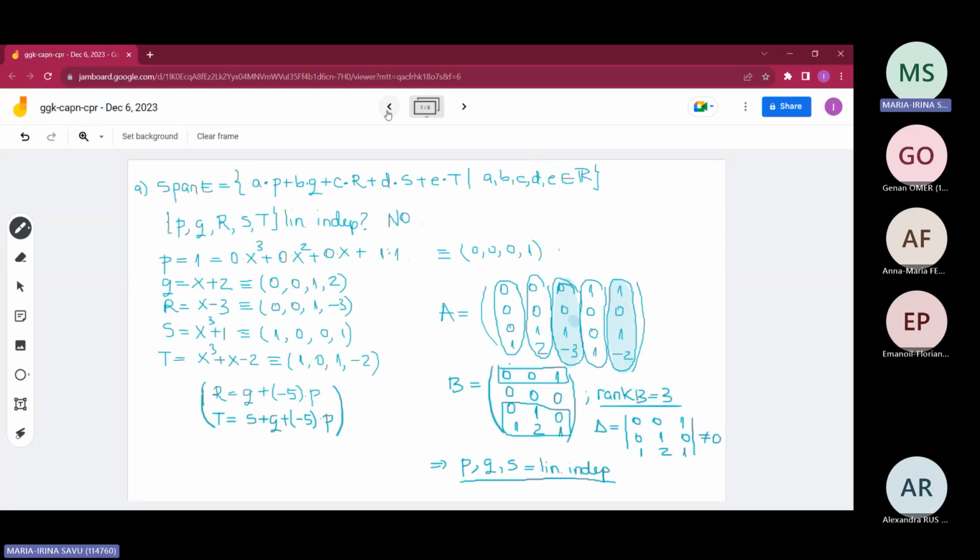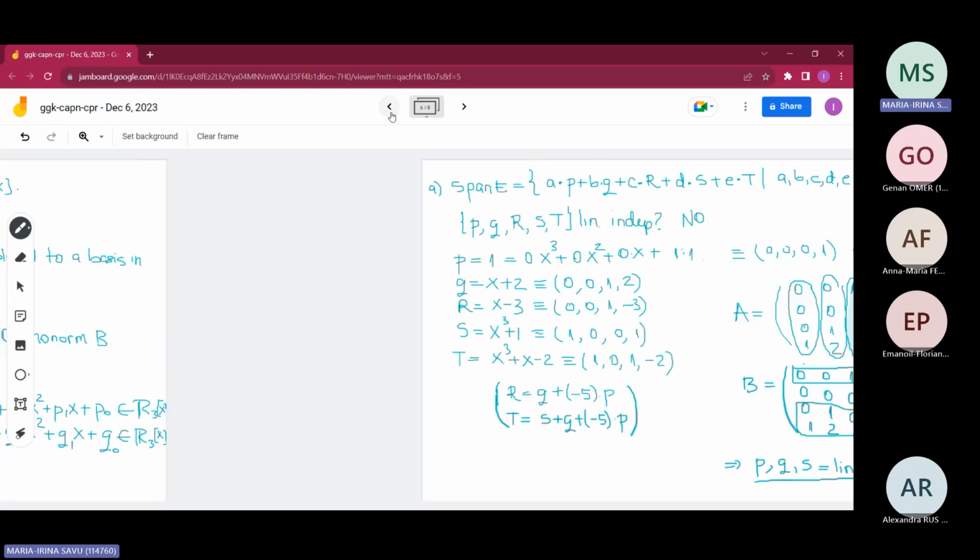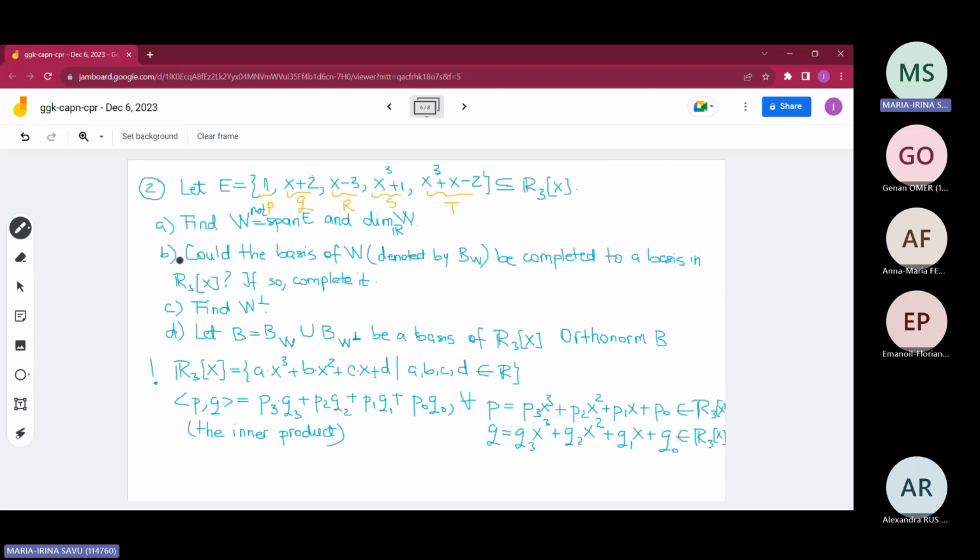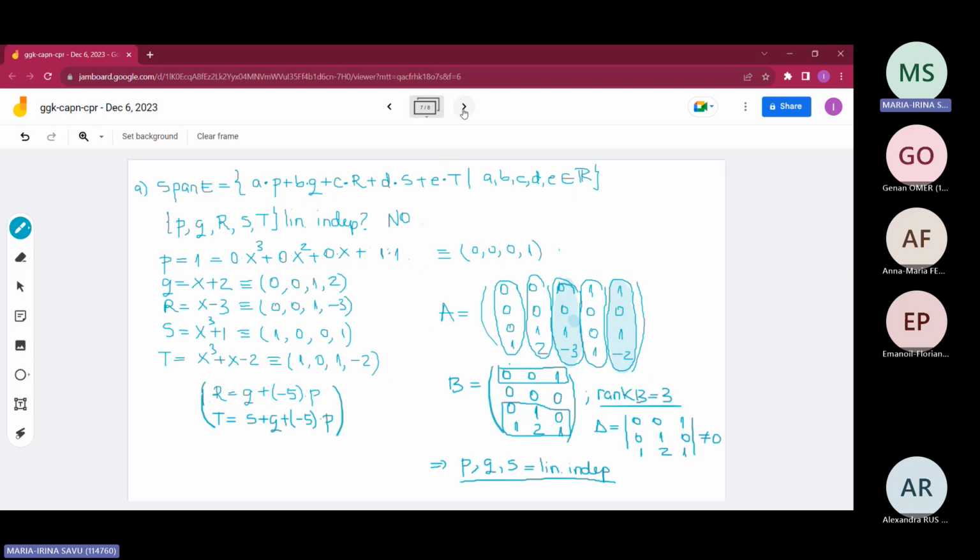On this point, let's suppose the basis of W can be completed up to a basis in R3 of X? If so, complete it. Could you complete this basis?